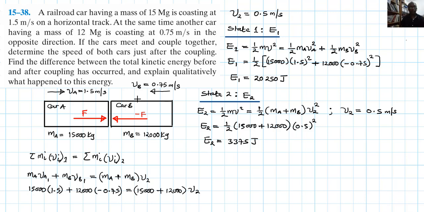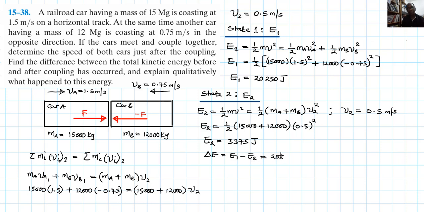Alright, so let's now calculate the difference in the kinetic energy. I'm just looking at absolute values. Delta E is just equal to E1 minus E2. It doesn't matter if you say E2 minus E1.